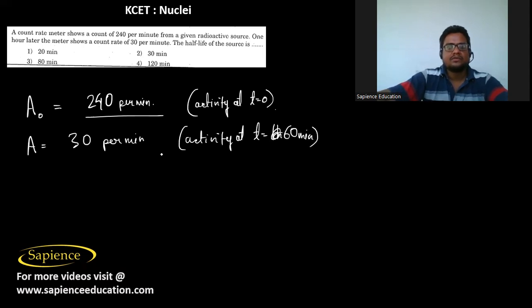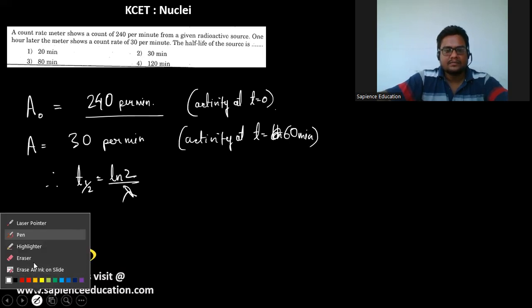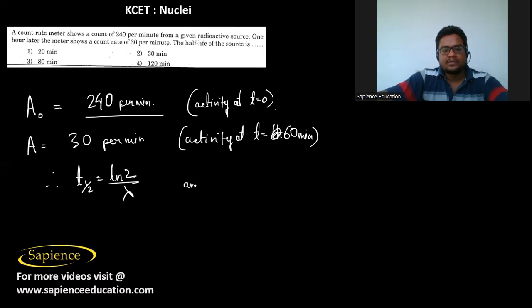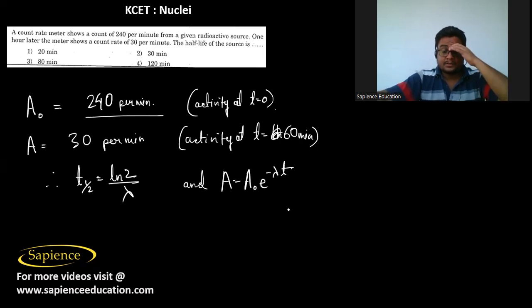The half-life of the source t half is given as ln2 by lambda, where lambda is the decay constant. We know that activity A equals A naught e power minus lambda t.